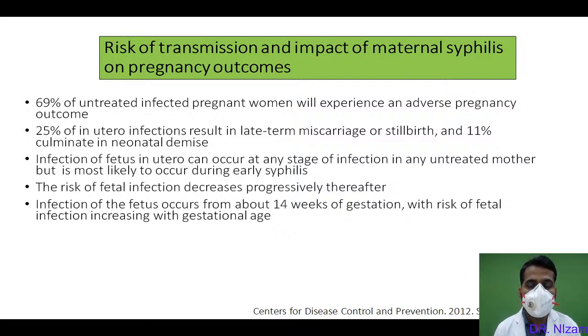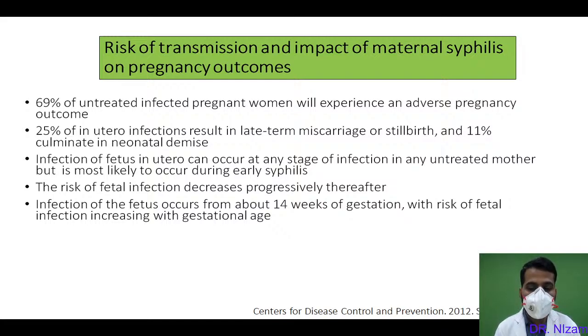The risk of transmission and the impact of maternal syphilis on pregnancy outcome. As we all know, congenital syphilis is of increasing importance. So, a slide or two about pregnancy-related syphilis.